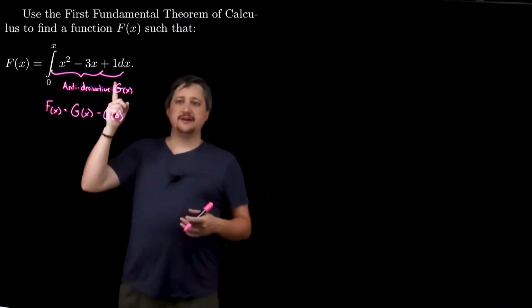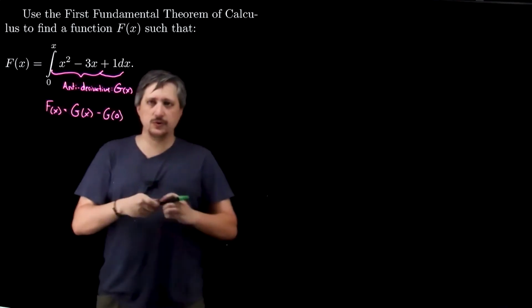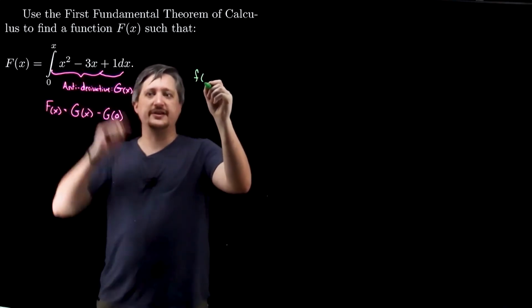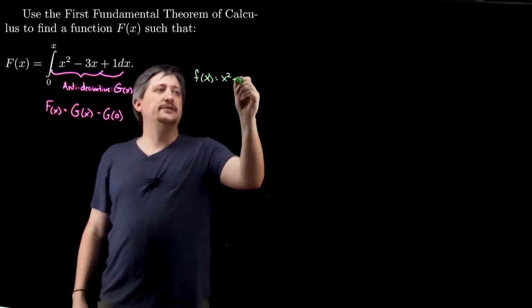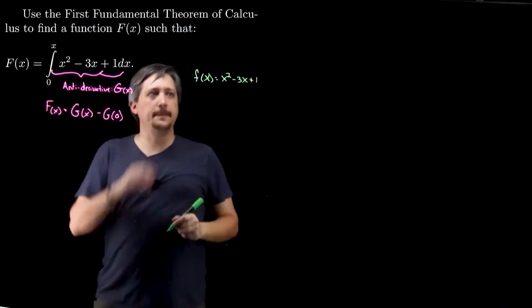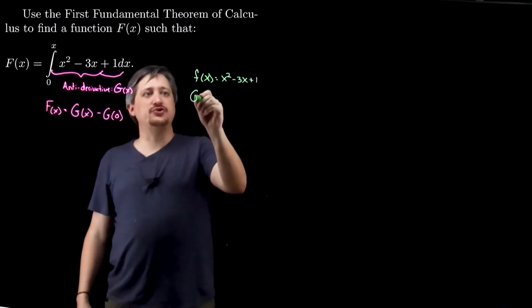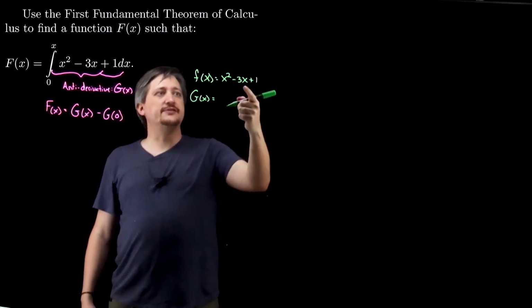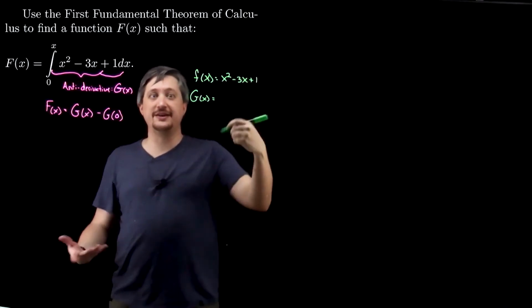So I'm going to start by finding an antiderivative of this. Here, my little f, the integrand, the inside, is x squared minus 3x plus 1. So I want the capital G of x. I want to take the antiderivative of this, but remember for a polynomial, we increase the power by 1 and then divide by that new power.